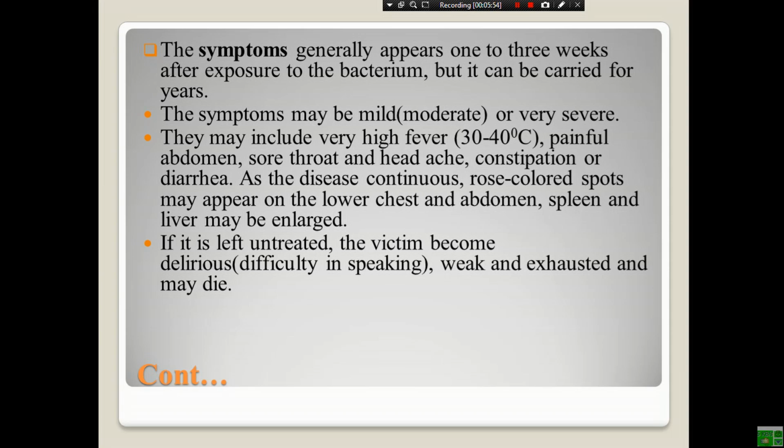If it is left untreated, the victim becomes delirious, has difficulty speaking, becomes weak and exhausted, and finally may die. This is the main effect of typhoid fever.